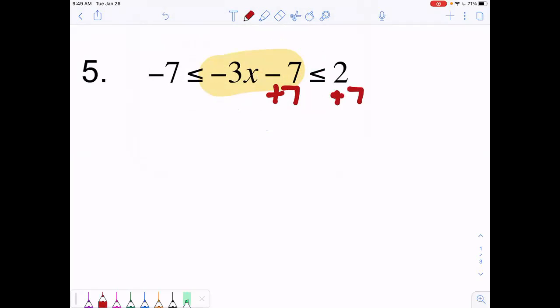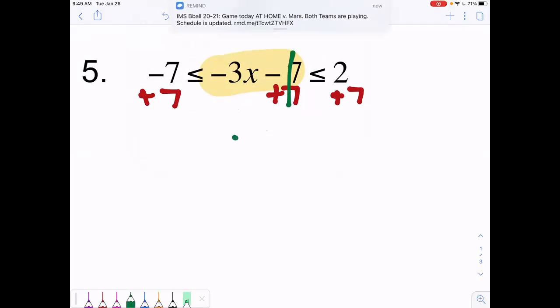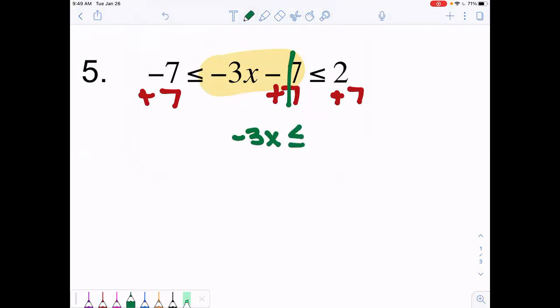So add 7, add 7. So our 7s cancel in the middle, and we just have a negative 3x. And then I have 2 inequality symbols. Negative 7 plus 7 is 0 on the left. 2 plus 7 is 9 on the right.